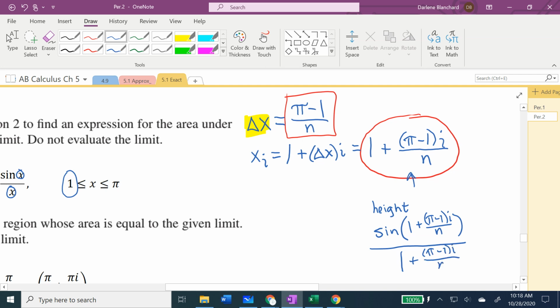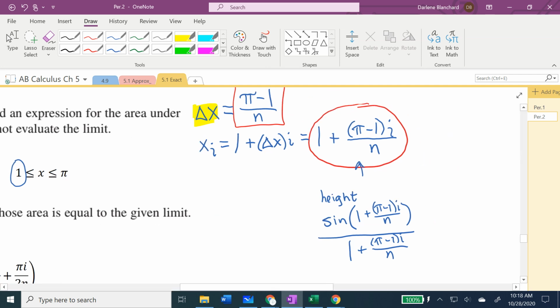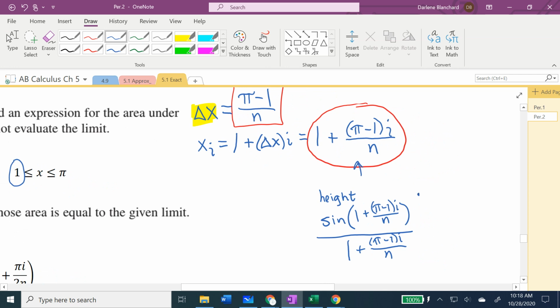Got to write it twice. So there's my height. Height is multiplied by width. And my width is the delta x formula.